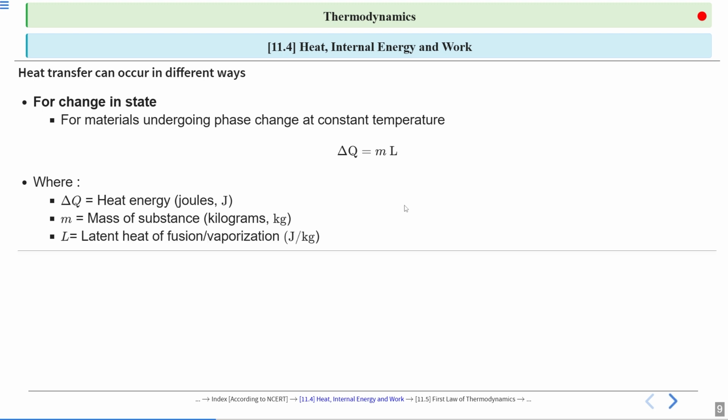L is the latent heat of fusion or latent heat of vaporization, unit joule per kg.